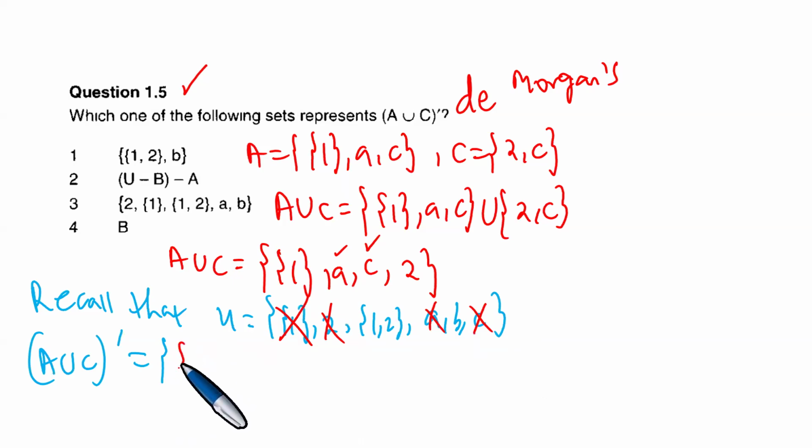It contains only the elements 1, 2, together with B as well. And it is very clear that the correct option here, as we practice more and more, and as we shall do a wide range of problems, this one contains 1, 2, and B, and it is clearly option 1, meaning therefore that the first option is the correct answer.